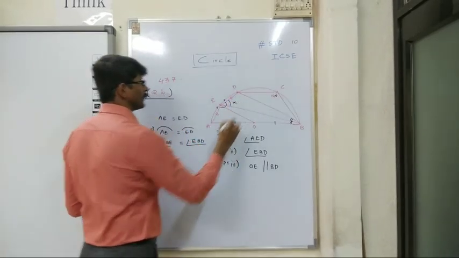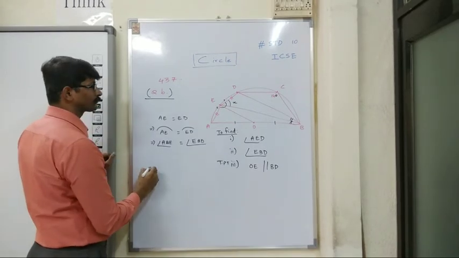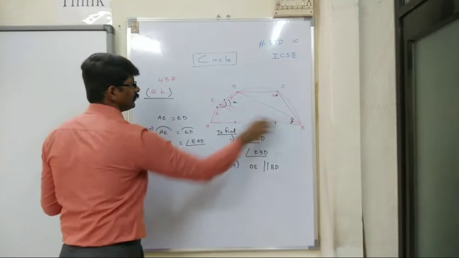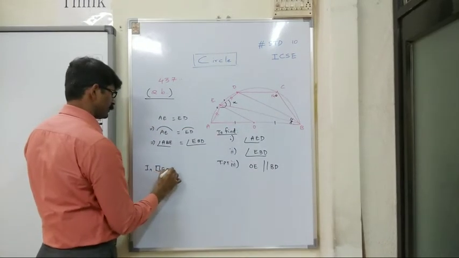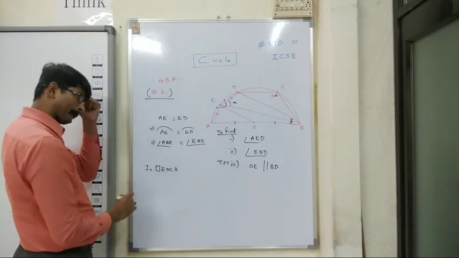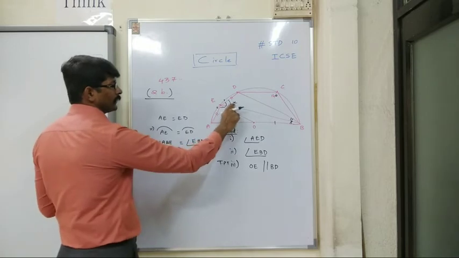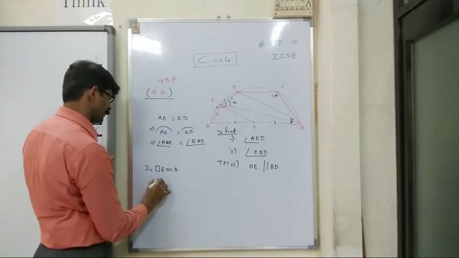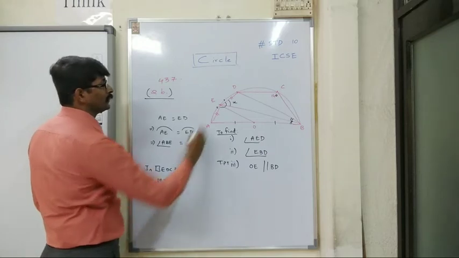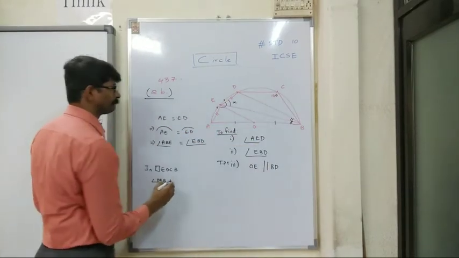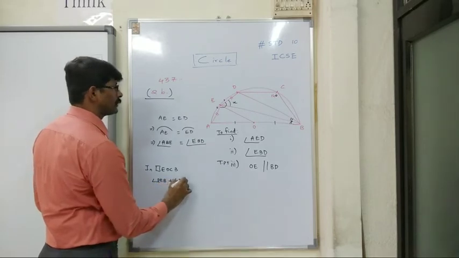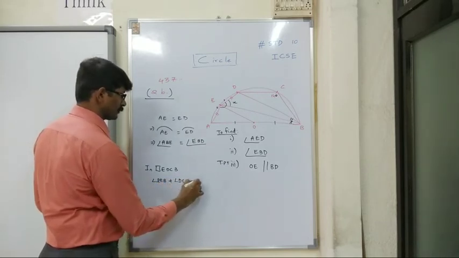This is, let's say, X. So in quadrilateral EDCB, let's say this is angle X, angle DEB plus angle DCB is supposed to be 180 degrees.